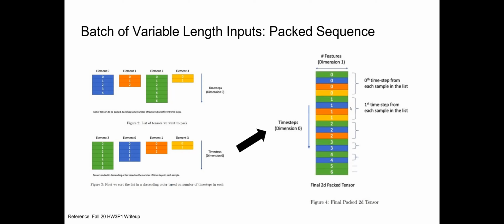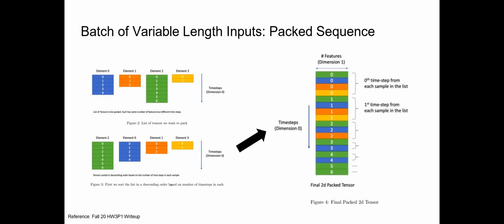And packing again takes the input of every element, so it has the data on how to pack and unpack with respect to the length of every utterance. This helps us get rid of padding altogether.